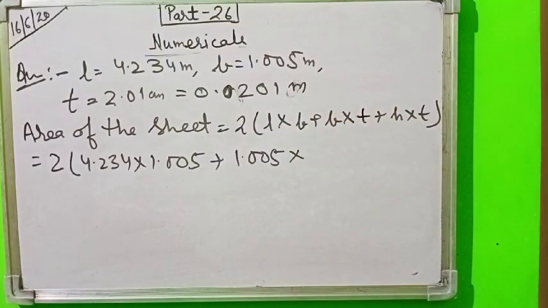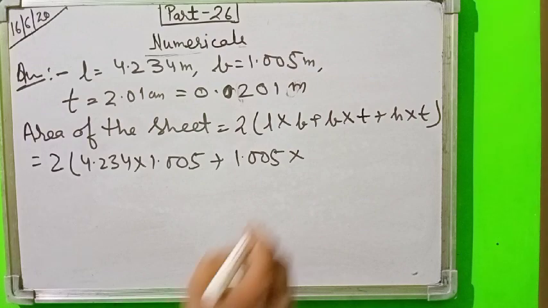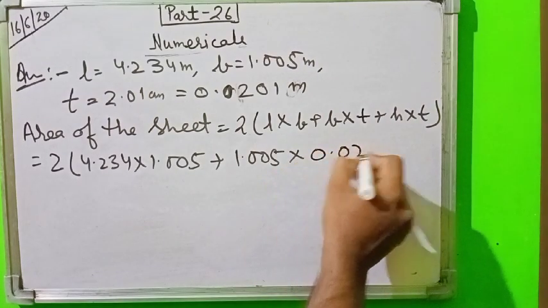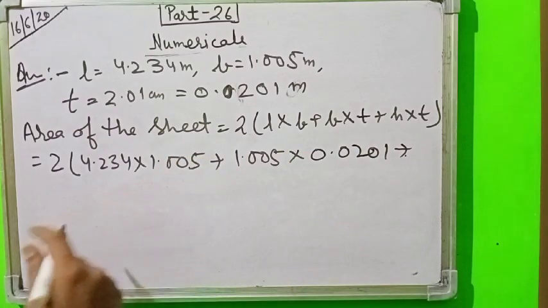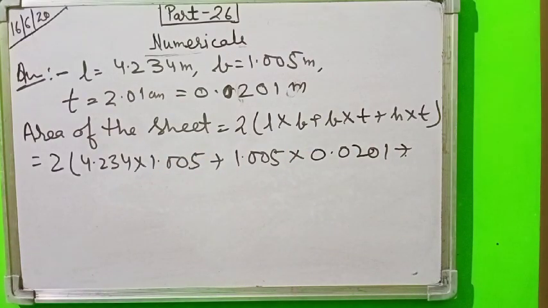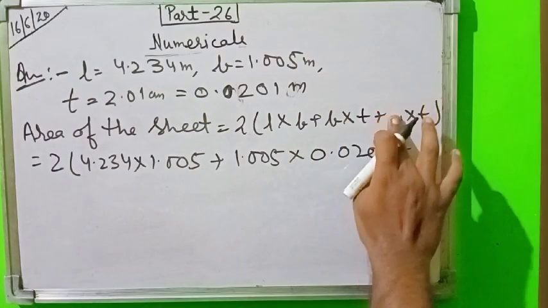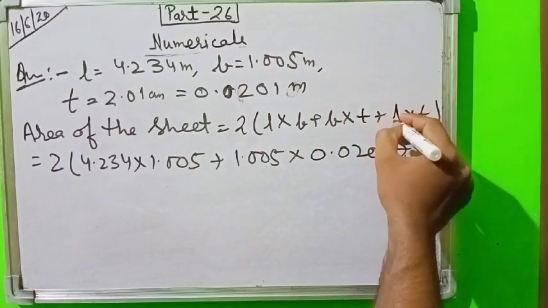Breadth into thickness. So 0.00201 plus height plus length into thickness. Length into thickness.